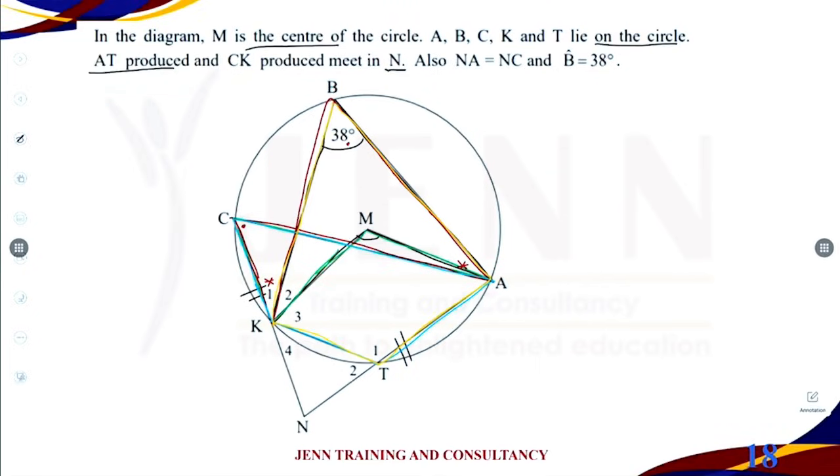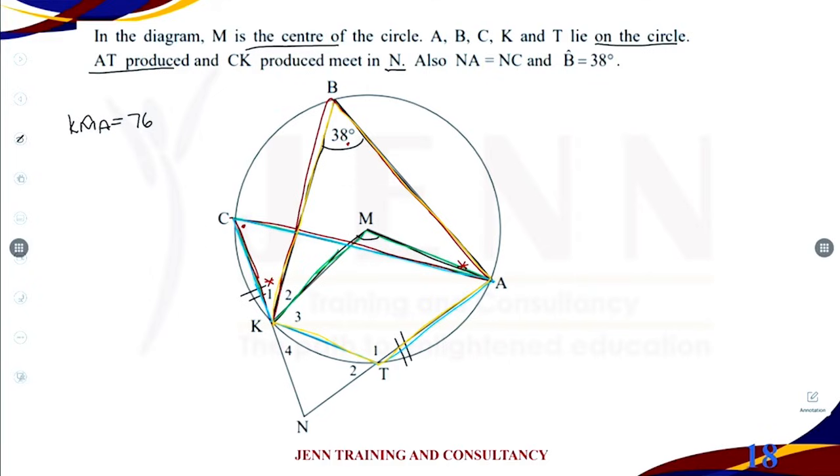Whatever you have found out, you must write it down to indicate that the size of angle KMA, remember, this is just a toolbox. KMA is equal to what? The size of angle KMA, you must double it. So 38 times 2 is 76.